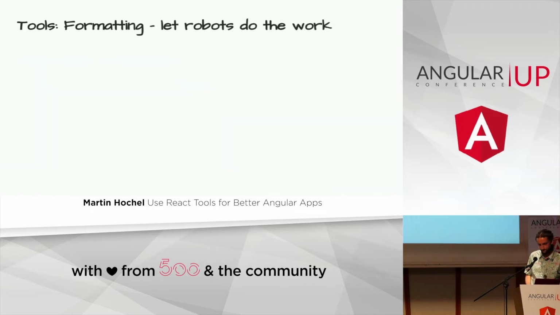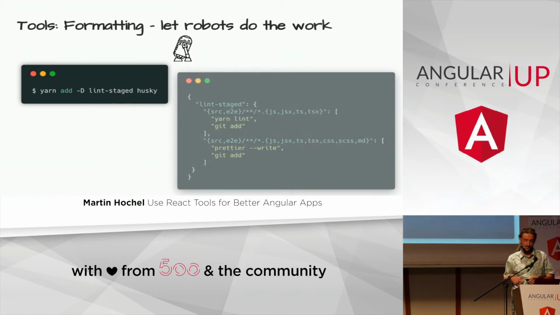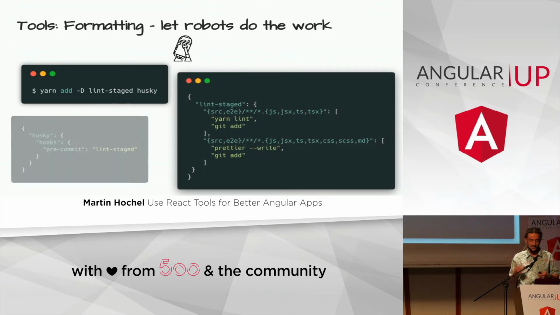That's good, but I'm lazy. I really don't want to run the linter, run Prettier, and so on manually. We are much better than that, and we have tooling from the React community and other communities. In particular, we should use lint-staged and Husky. Lint-staged needs some config, and what is Husky?